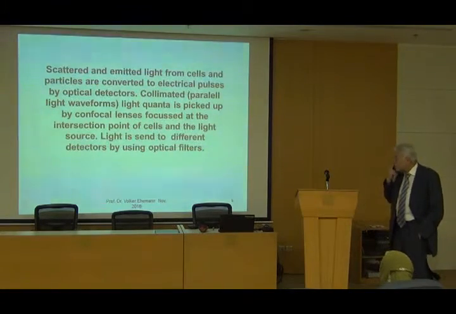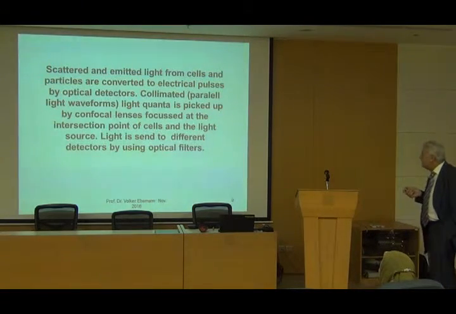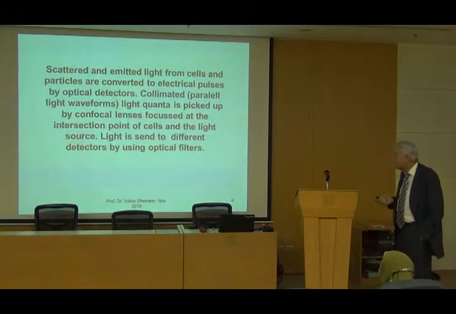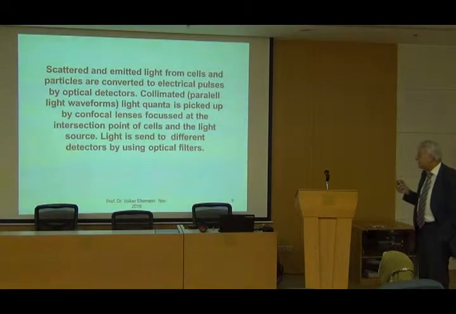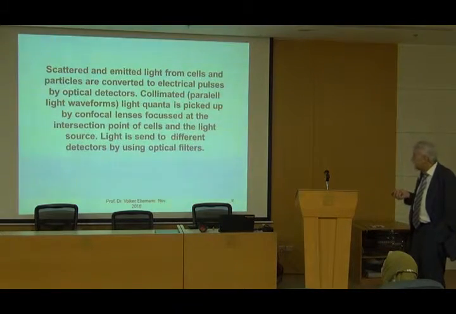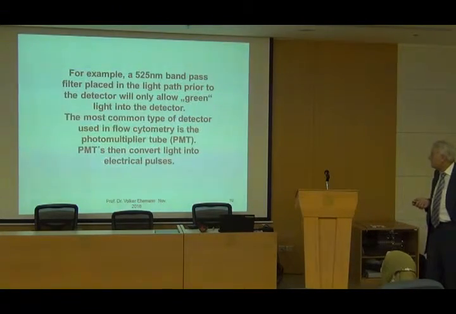Scattered and emitted light from cells and particles is converted to electrical pulses by optical detectors. Collimated light is picked up by confocal lenses focused at the intersection point of cells and the light source, and the light is sent to different detectors by using optical filters.